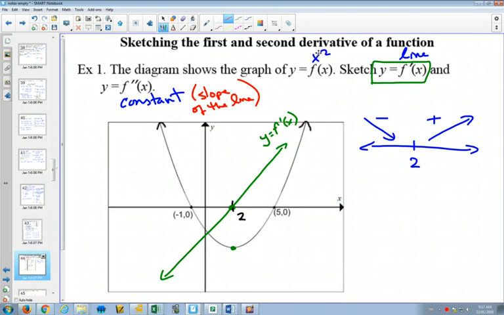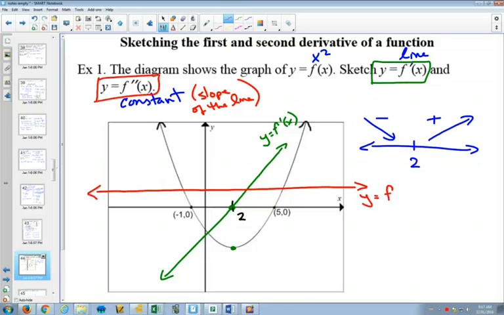So our green line, does it have a positive slope or a negative slope? Positive slope. So if we estimate that, maybe you think it has a slope of 1, maybe you think it has a slope of 2. Whatever you decide you think that slope is at, and any constant function is a straight horizontal line.